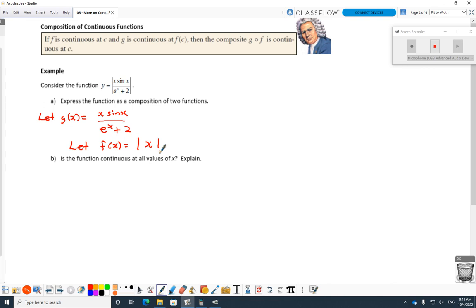I've said, okay, let the inner function be called g, let the outer function be called f, and therefore f of g, some people say fog when they're first learning it. It just means f with g at x inside it equals x sine x over e to the x plus 2.